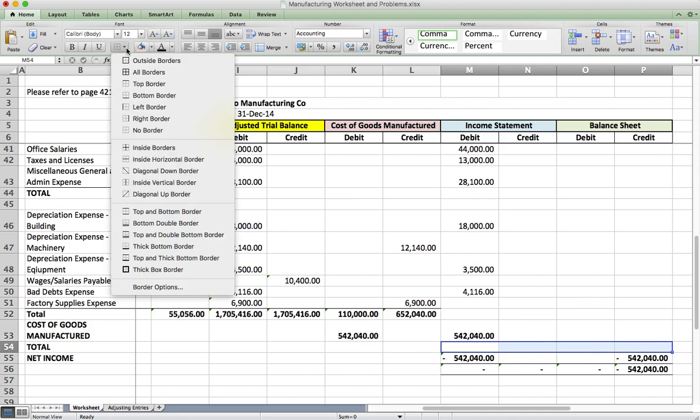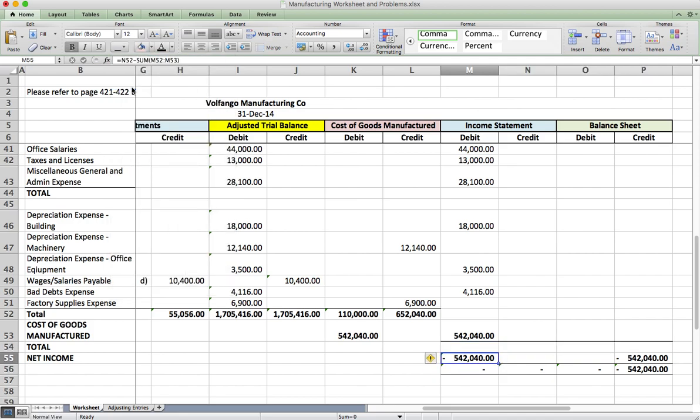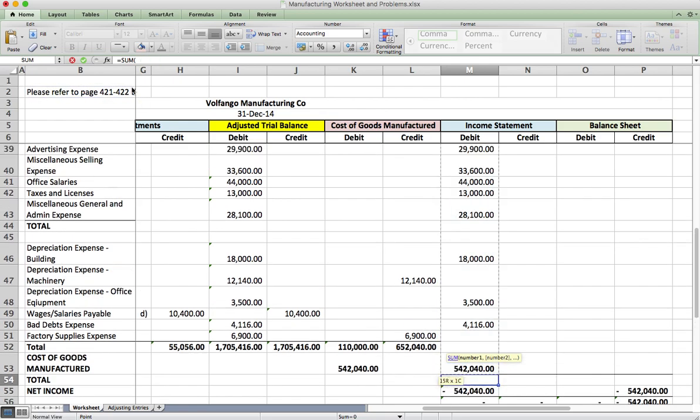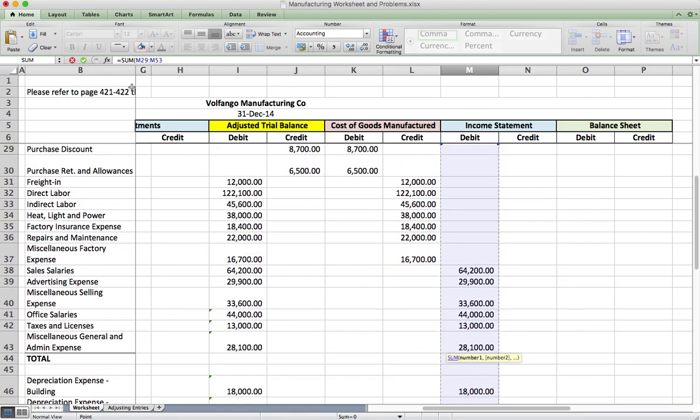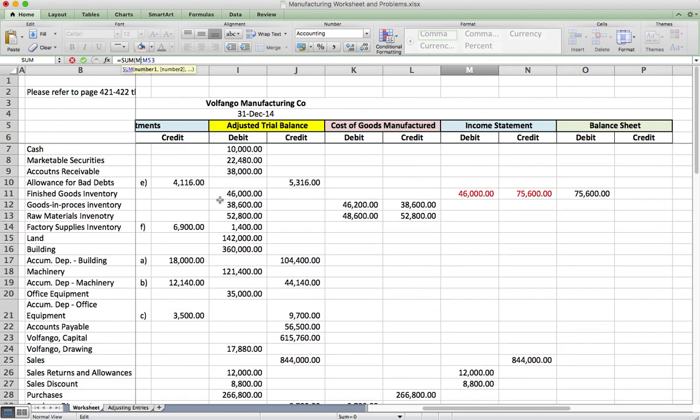Ayan. Anyway, magagamit nyo naman itong Excel na to. I'll give it free to you. So, total natin yung buong debit side. Ayan natin itong 8. 7 pala.